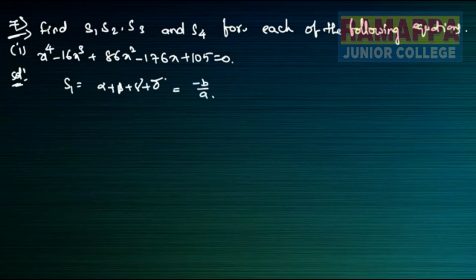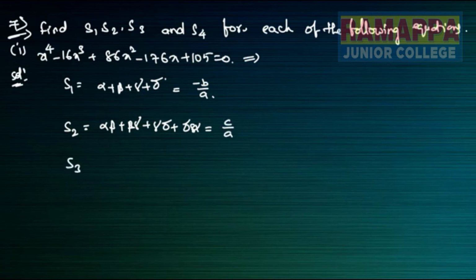S2 is equal to alpha beta plus beta gamma plus gamma delta plus delta alpha, which is c by a.